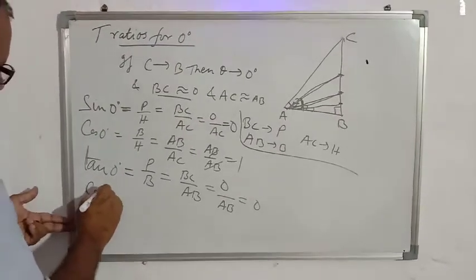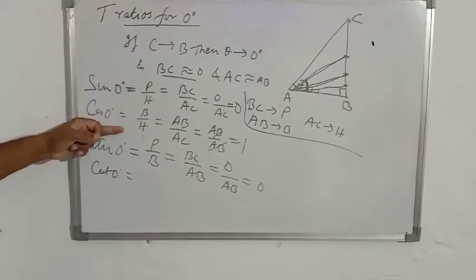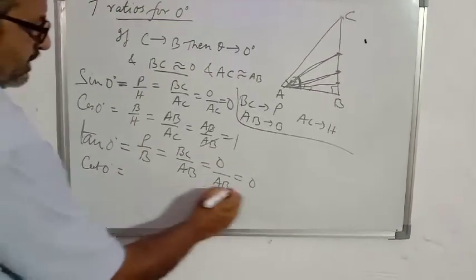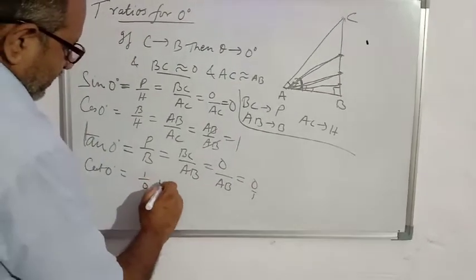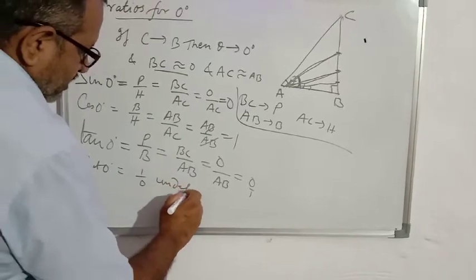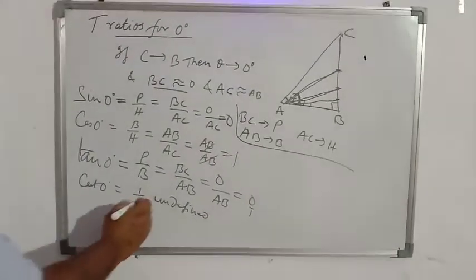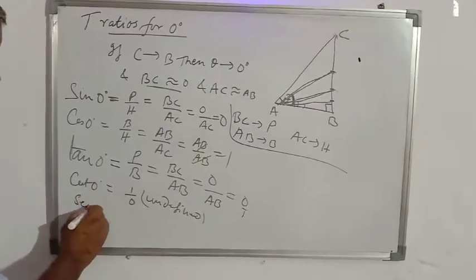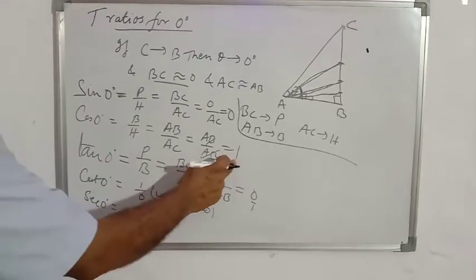What will be cot 0? Cot 0 means the reciprocal of tan 0. So the reciprocal of 0 is 1 by 0, which means undefined. If the denominator is 0, then we say it is undefined. Sec 0 is the reciprocal of cos. Cos value is 1.